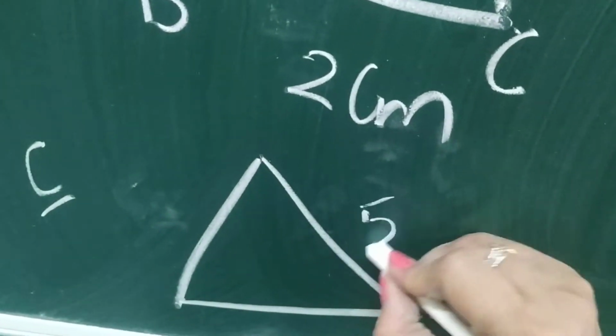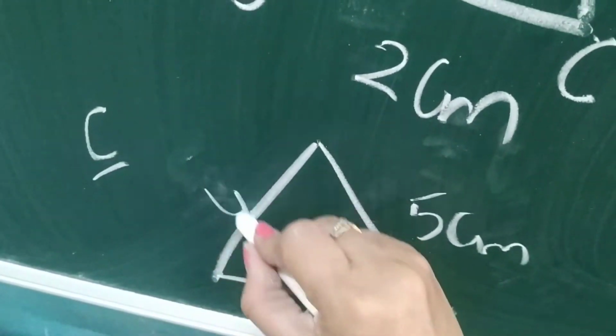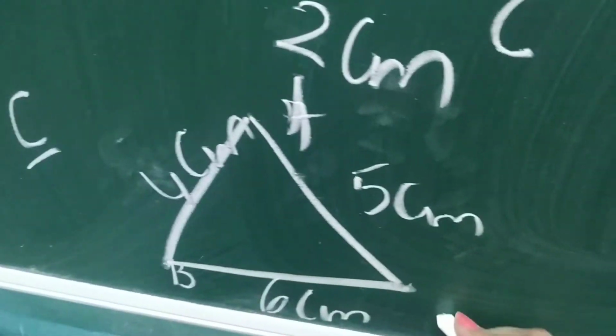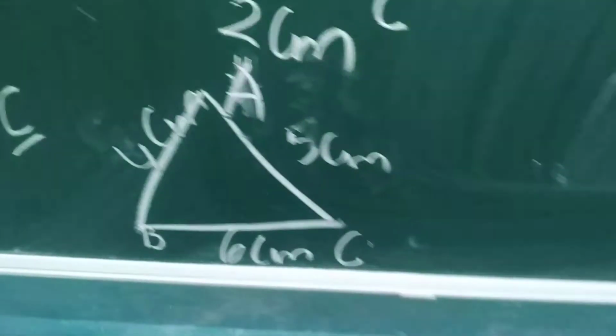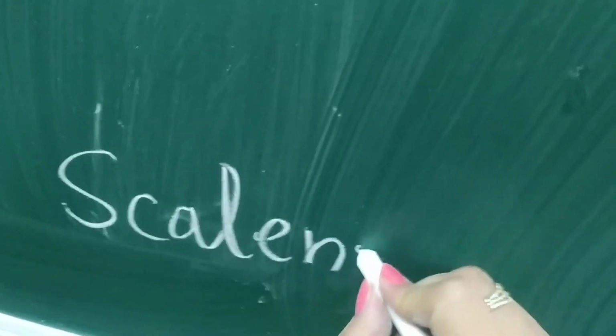Suppose this is 5 centimeter, 6 centimeter, 4 centimeter, A, B, C. Now in this triangle, all three sides are different. So this is called a scalene triangle.